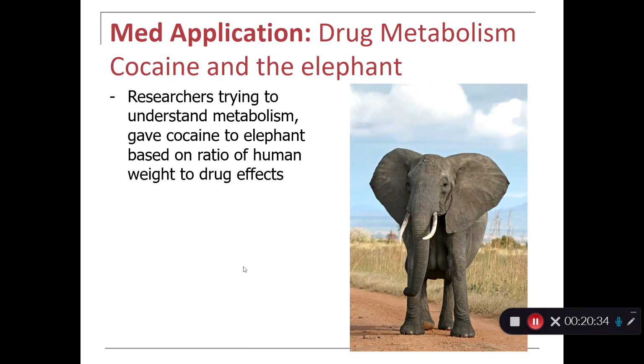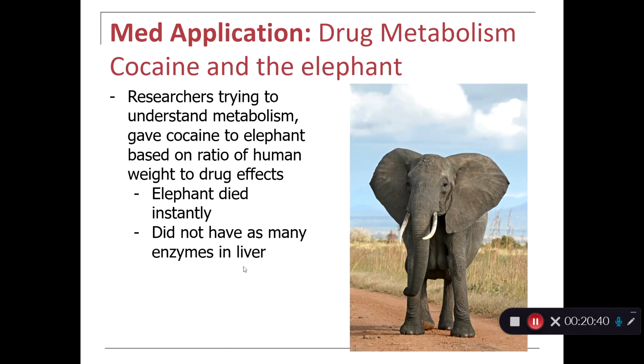Problem is, as soon as they administered it, the elephant died immediately. Why is that? Well, one, the elephant didn't really have those enzymes well built up. Two, the enzyme inside the elephant that processes cocaine is a little bit slower. A lot slower, in fact, so it couldn't clear it out as quick.